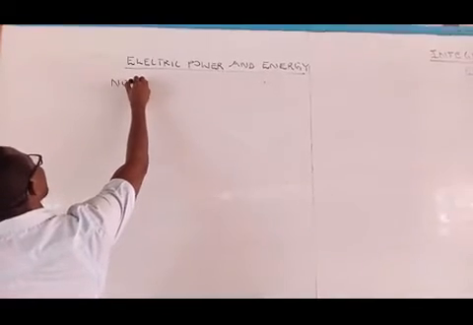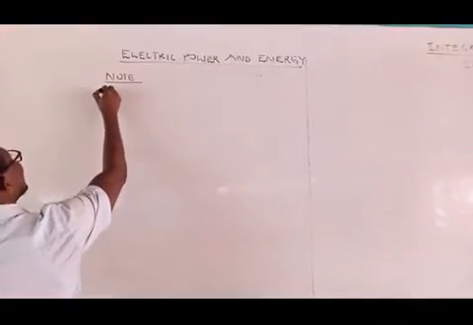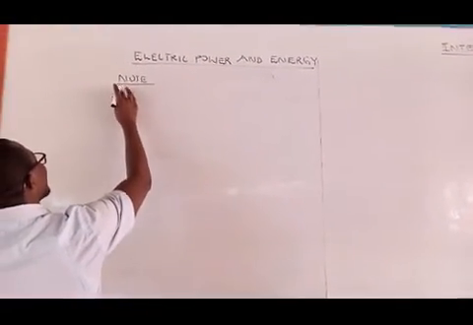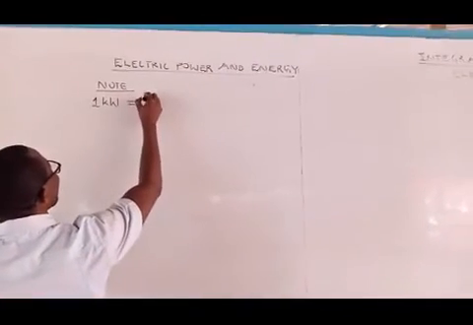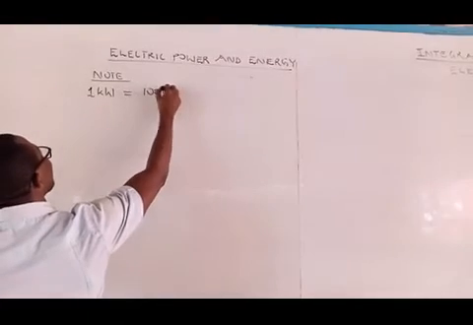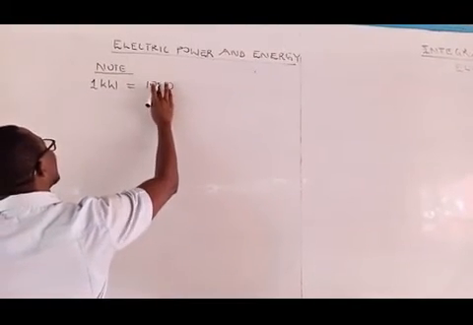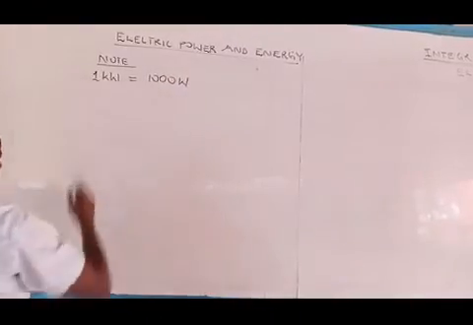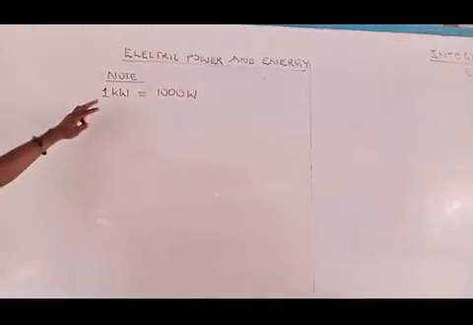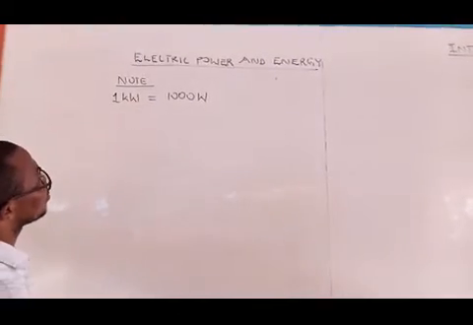Note this: 1 kilowatt hour is equal to 1000 watts hours. So the kilo there actually means 1000. So 1 times 1000 gives you 1000.